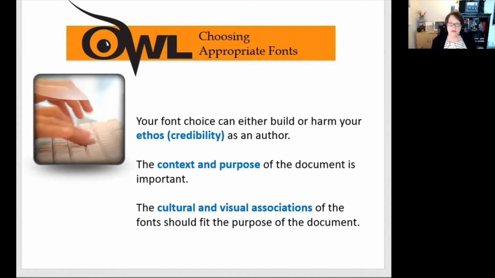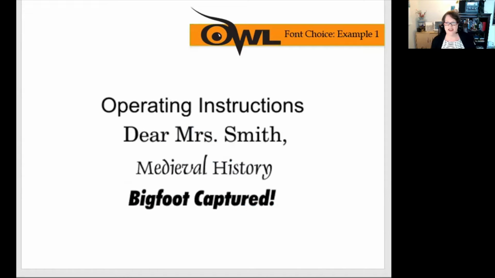So you have to think about those sorts of things going into your project. If your project is focusing on a certain audience, you may choose a different type of font than you normally would. So it really depends. So let's take a look at some font choices here in this first example.